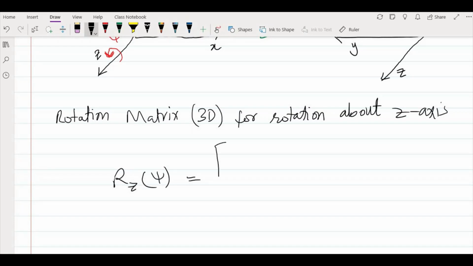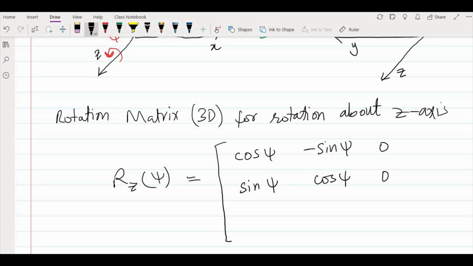This is equal to cosine of psi, then minus sine of psi, and 0, and then you have sine psi, cosine of psi, and 0, and then here you have 0, 0, 1.